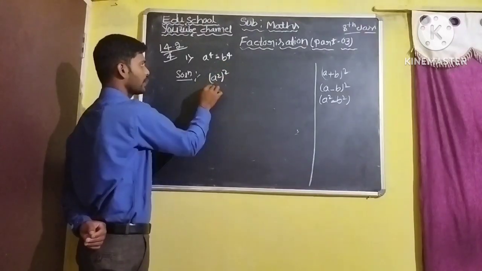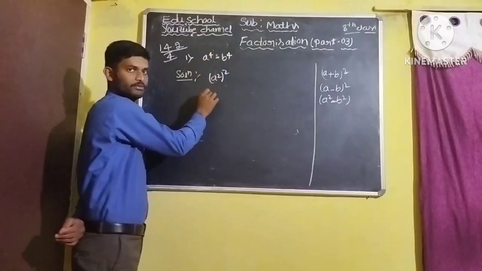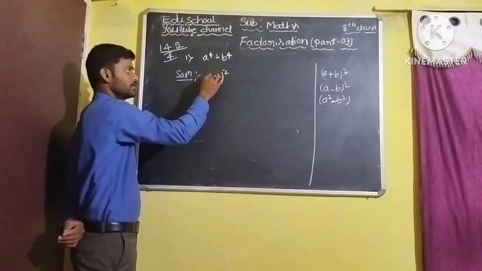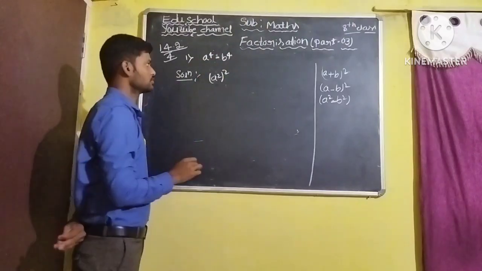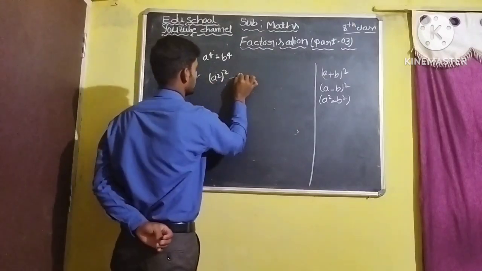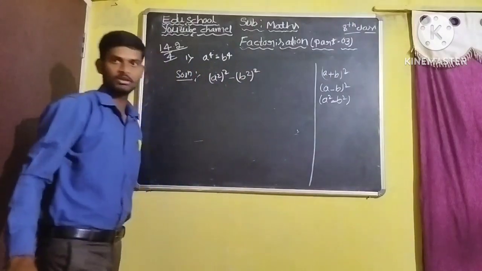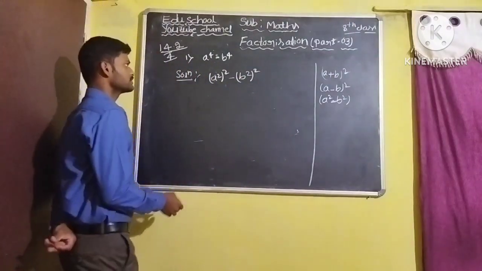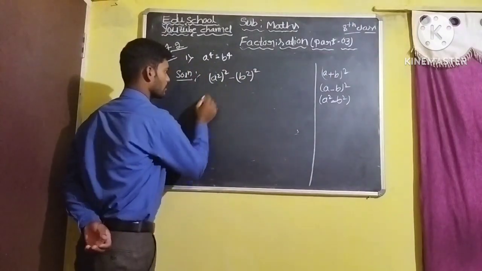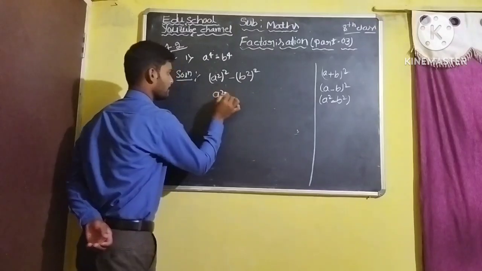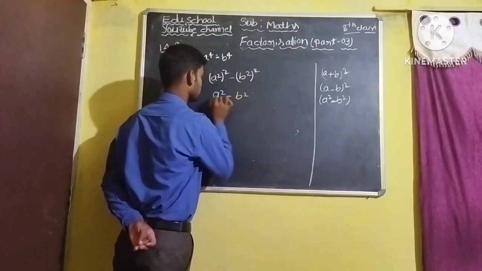So that's why we can write a to the power of 4 in the form of a square whole square, and also b to the power of 4 can be written as b square whole square. So let us see here. This is in the form of a square minus b square formula only.